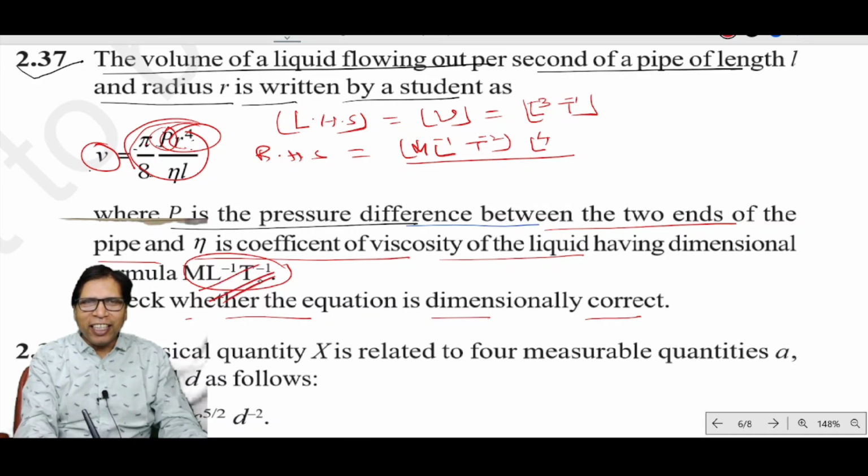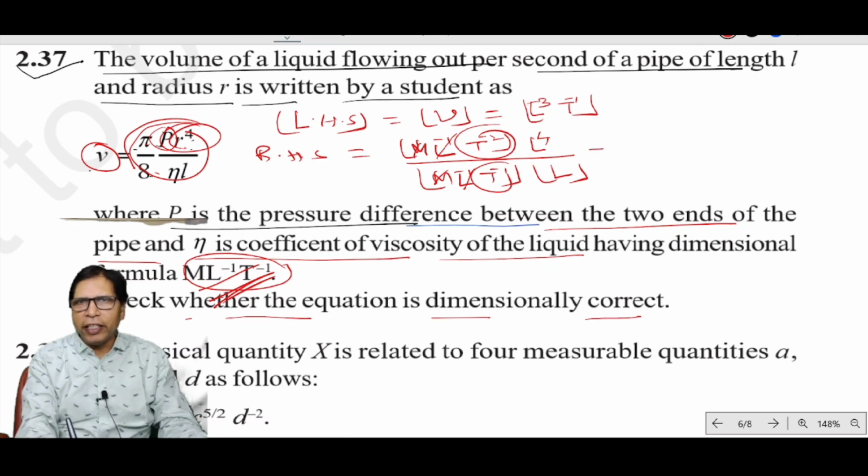Eta, the dimension of eta is M L minus 1 T minus 1. And finally L, length, this is L. Okay, no problem. Now look at this, L minus 1, L minus 1. M, M. Now look at this here, T to the power minus 2 by T to the power minus 1.